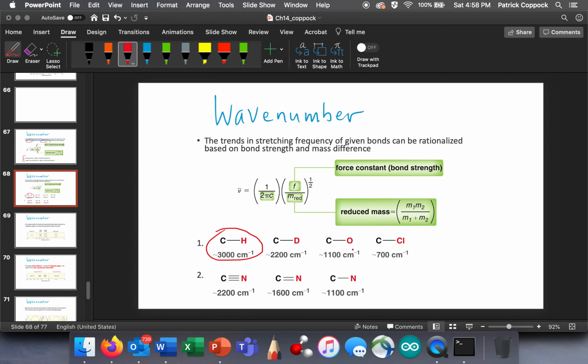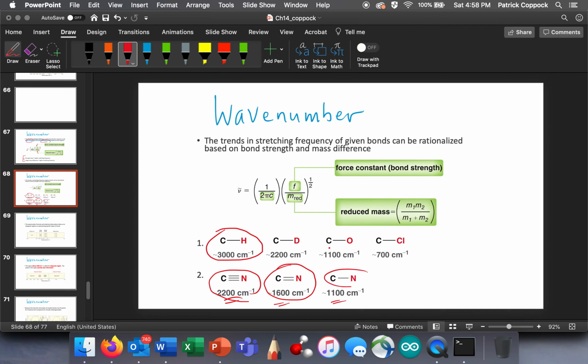A CO bond will absorb around 1,100 wave numbers, and CCl is around 700 reciprocal centimeters. A C triple bond N, because it's a stronger bond, will have a higher frequency, absorbing at 2,200. A C=N double bond, which is weaker, absorbs at 1,600, and a C-N single bond at 1,100.